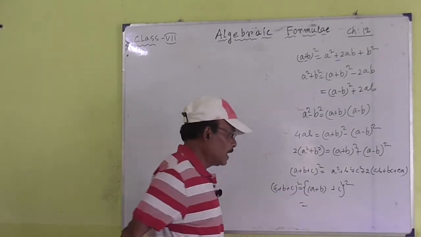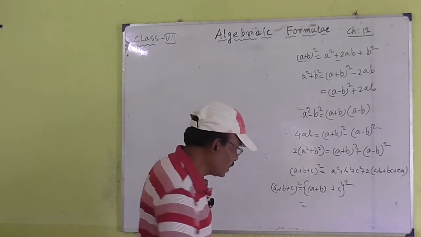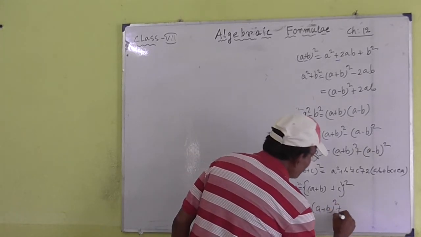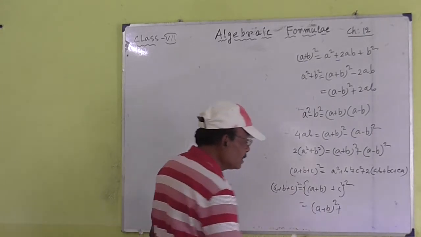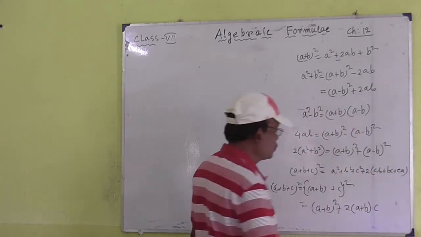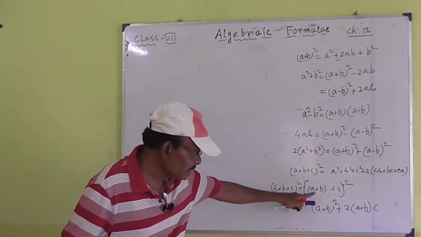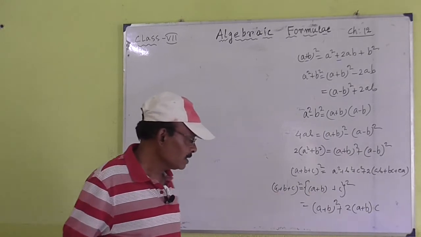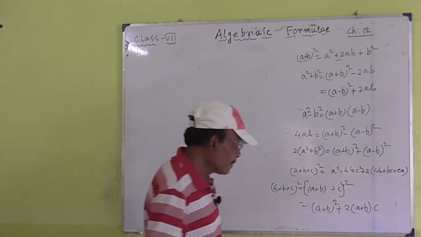We know that a plus b whole square equal to a square, that means this portion square, plus 2ab, 2 into this portion a plus b taken as a, and the second, c, taken as b.